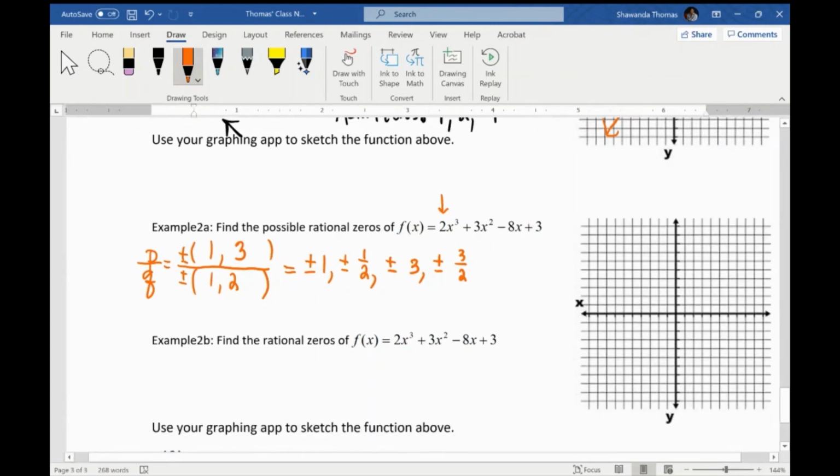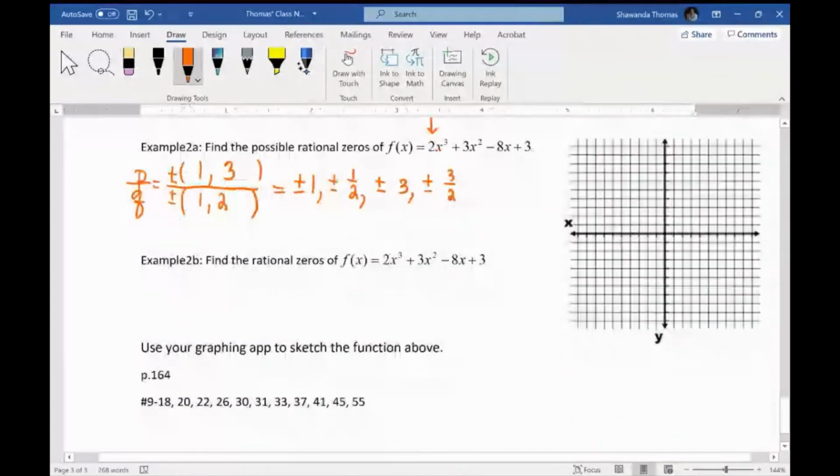All right. So let's actually find the zeros that actually work. It would be best to do what at this point? Synthetic division with the assistance of Desmos.